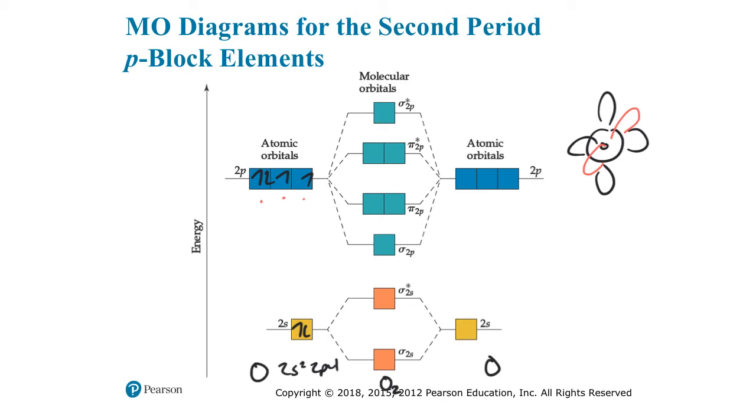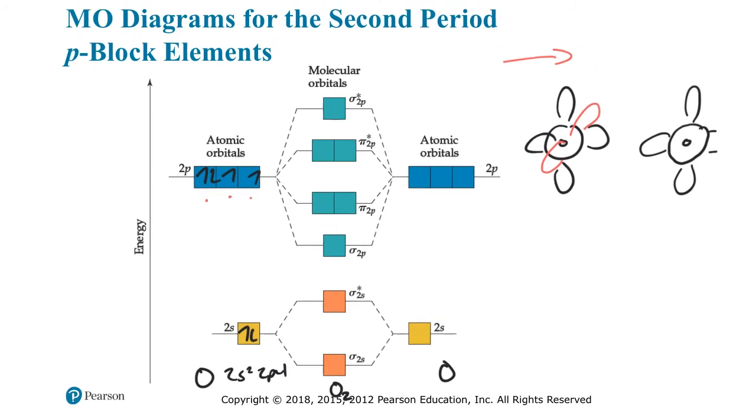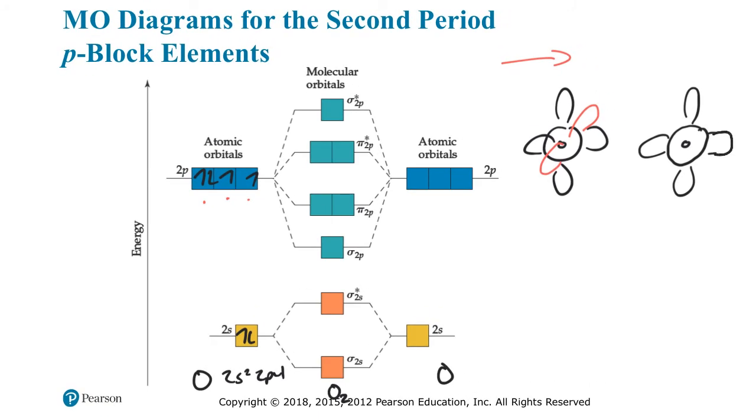So imagine we have 2 oxygen atoms that are simply approaching each other. So we have oxygen atoms that are trying to overlap their orbitals in such a way to make a bond. So we have p orbitals, and then we have that other p orbital sticking straight out of the page.